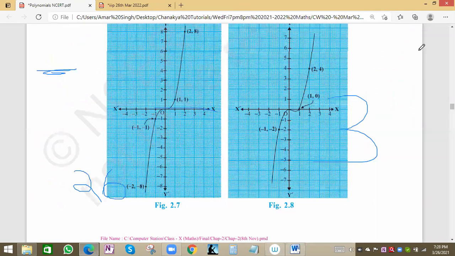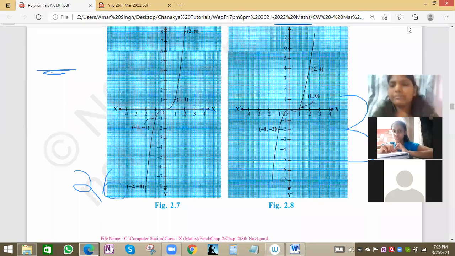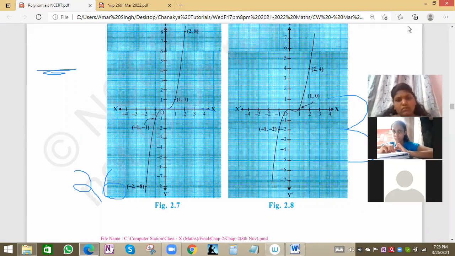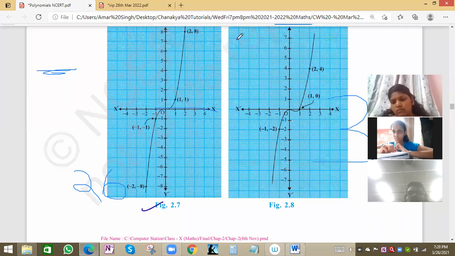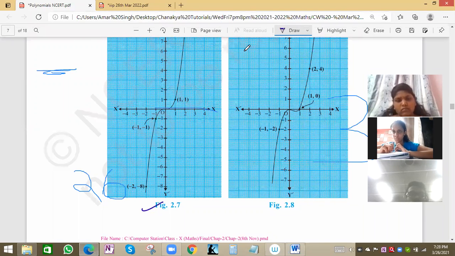For these two graphs, how many zeros for the first one? And how many zeros for the second one?